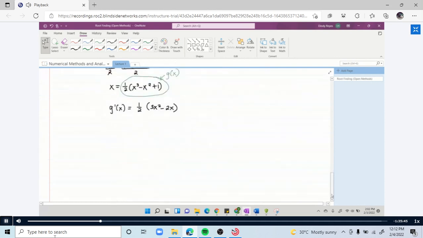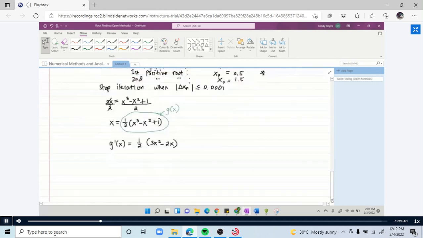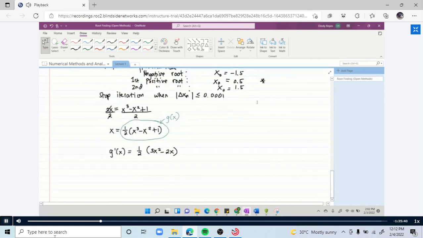So for the initial approximate, negative 1.5, x sub 0 equals negative 1.5. Tingnan natin ano yung value ng g prime. So g prime of negative 1.5. So substitute negative 1.5 for every x there. It's 1/2 of 3 times negative 1.5 squared minus 2 times negative 1.5.